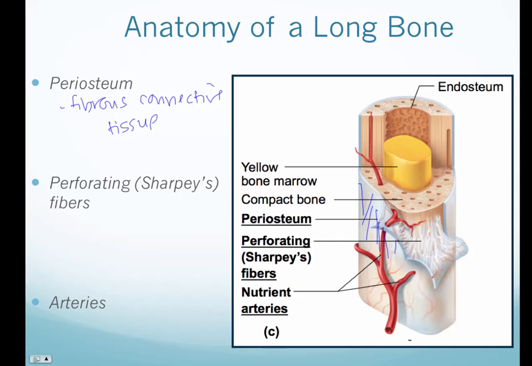And what holds that in place to our bone itself are all of these fibers called perforating or Sharpey's fibers. Now we also have that major nutrient arterial supply entering outside of the bone and then going into and splitting into our Volkmann's canal and our central canal to feed all of our osteocytes.